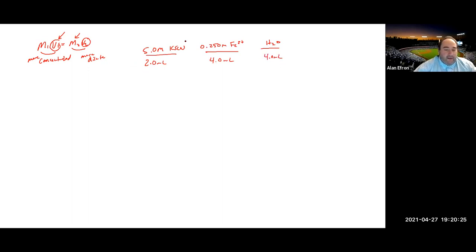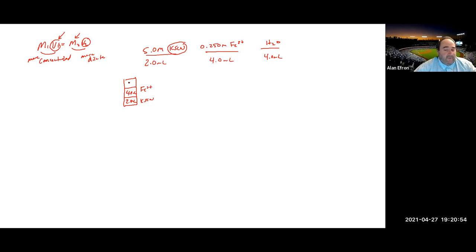If I wanted to know the concentration of the KSCN in that test tube when I put all of those things in, I would put 2 milliliters of the KSCN in first. At this point, it's still 5 molar. But then I dump my 4 milliliters of iron in there, and the concentration has now changed.